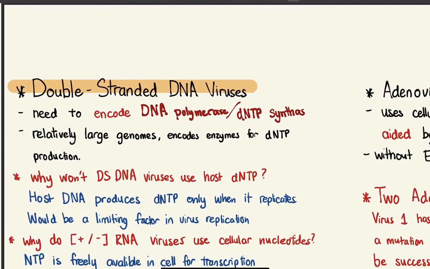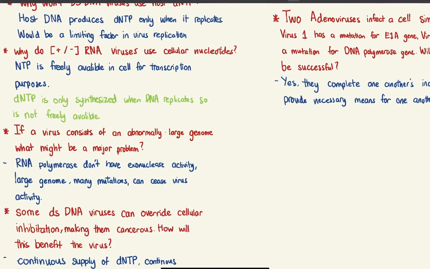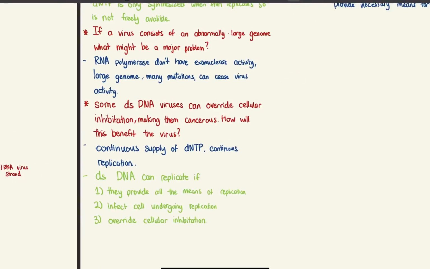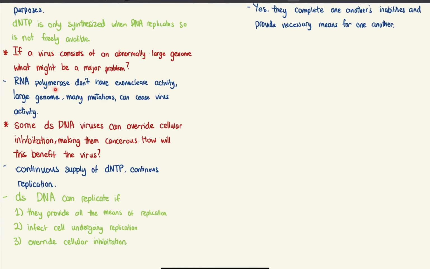But these viruses don't have that. RNA polymerases don't have nuclease activity. So with large genomes, many mutations will happen, and this can cease virus activity. So this is the reason. Also, another limitation is that the capsid of the virus cannot hold a large genome as well.